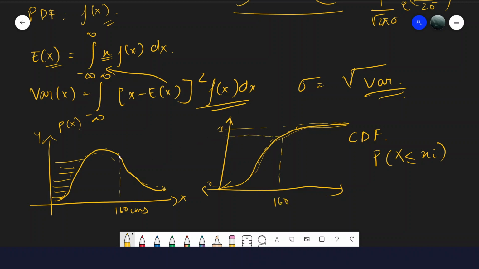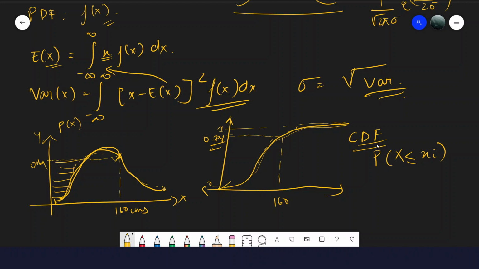The probability of observing around 160 centimeters might come up to somewhere around 0.4. But the probability of observing a value less than or equal to 160 we can get from the CDF. It will be the sum of all the probabilities from this part to this part, somewhere around 0.78 or something. It can be anything.